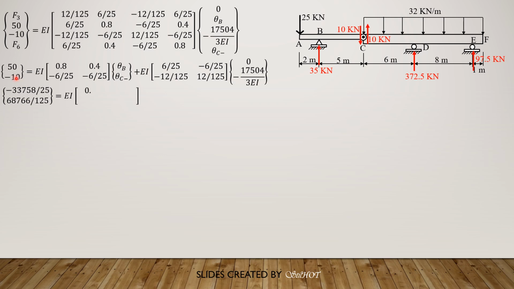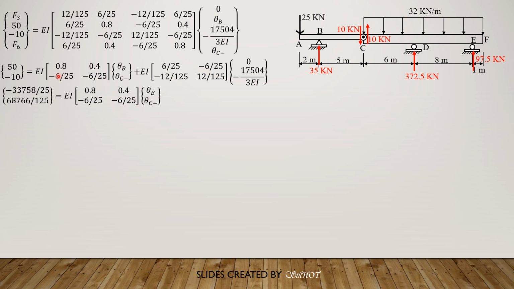Then negative 10 plus, because 12 times 1 over 12 over 125 times negative 17,504 over 2 is negative, when we transpose it, then it becomes positive. So negative 10 plus 12 over 125 times 17,504 over 3 is 68766 over 125.